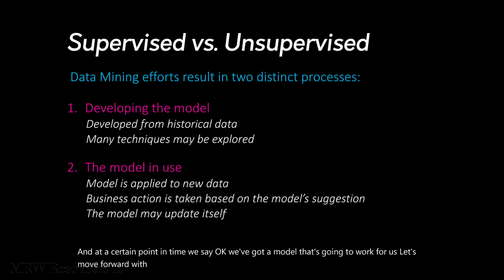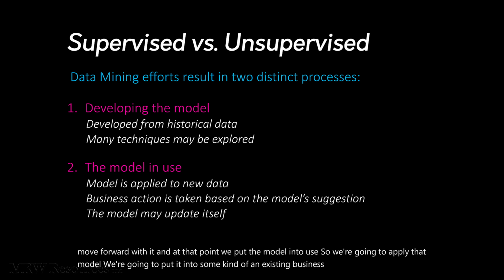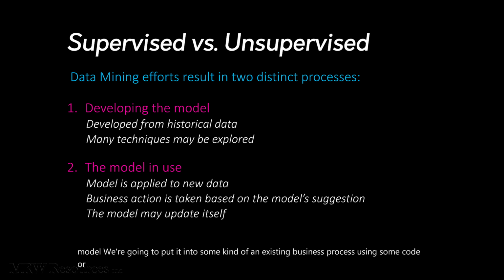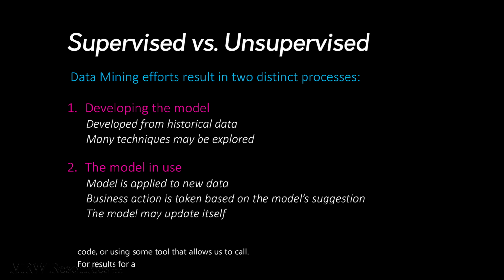At that point, we put the model into use. We're going to apply that model. We're going to put it into some kind of an existing business process using some code or some tool that allows us to call for results for a particular transaction. We apply this model to new data that we haven't seen before, and we make a decision on this new data.